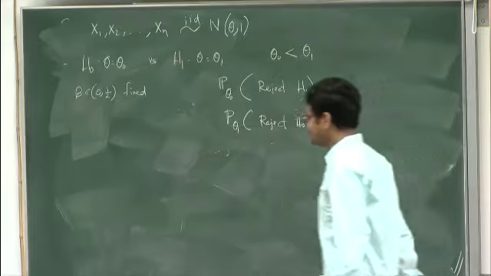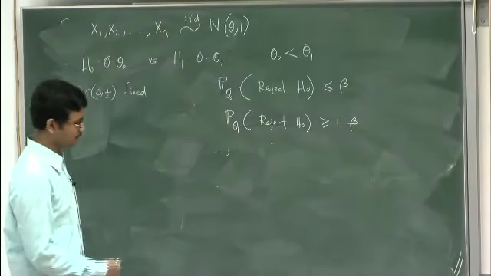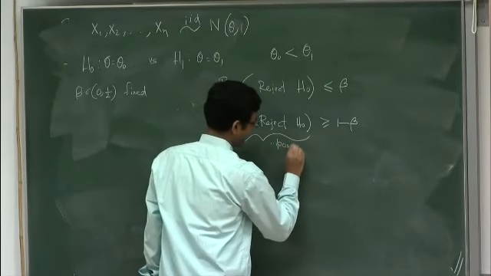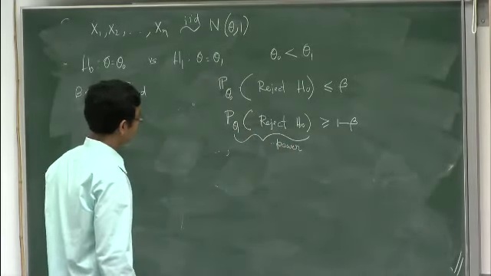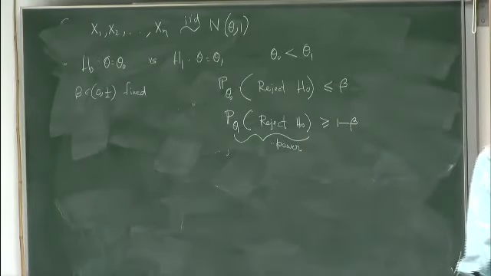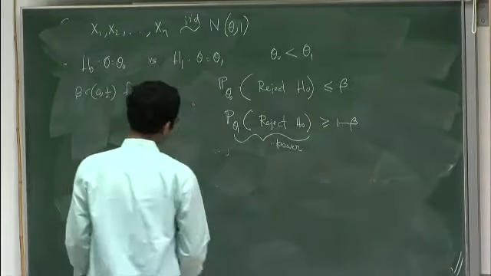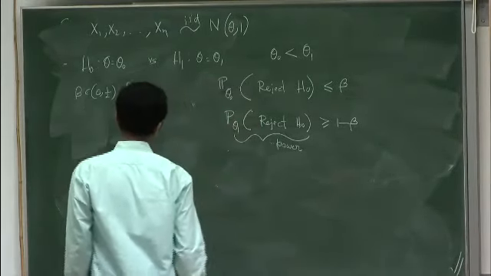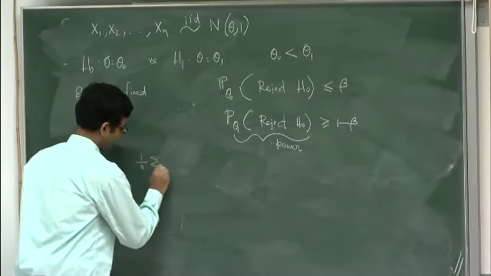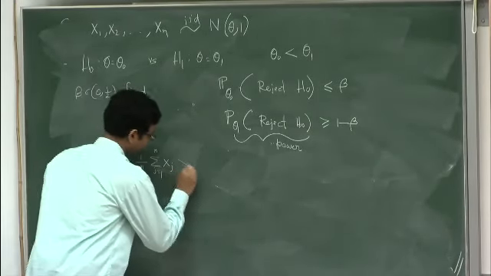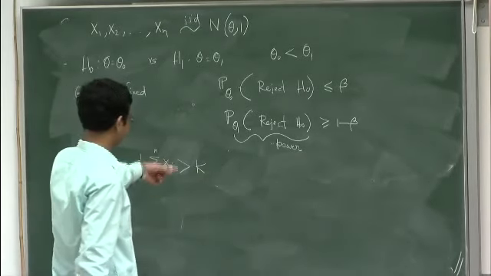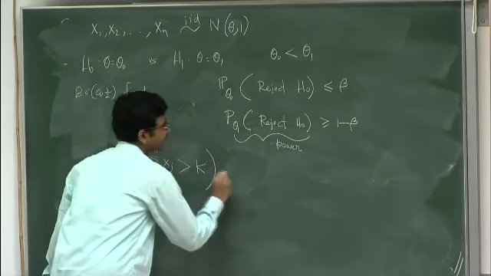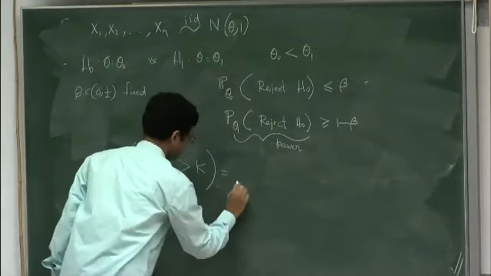Now classical Neyman-Pearson theory tells us that the most powerful test, by the way, this is also called the power of the test, is given by, based on the sufficient statistic of the data, which is the sample mean, and we reject h naught if this happens for some k, and we choose k so that this is equal to beta.